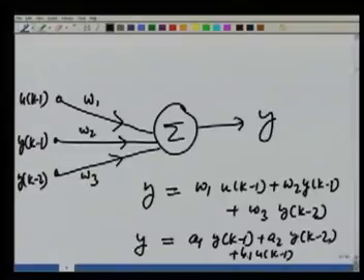A1, A2, B1 represent system parameters. I would like to know what these parameters A1, A2, B1 are.